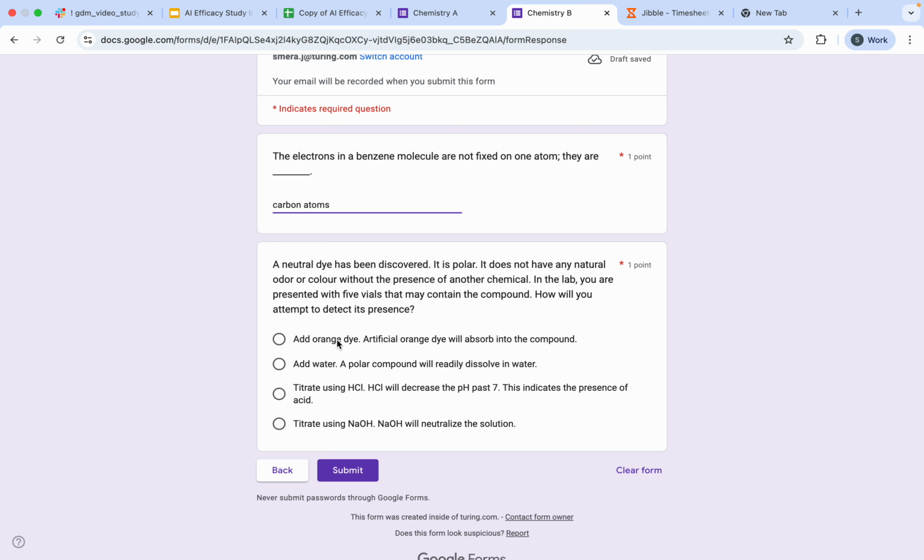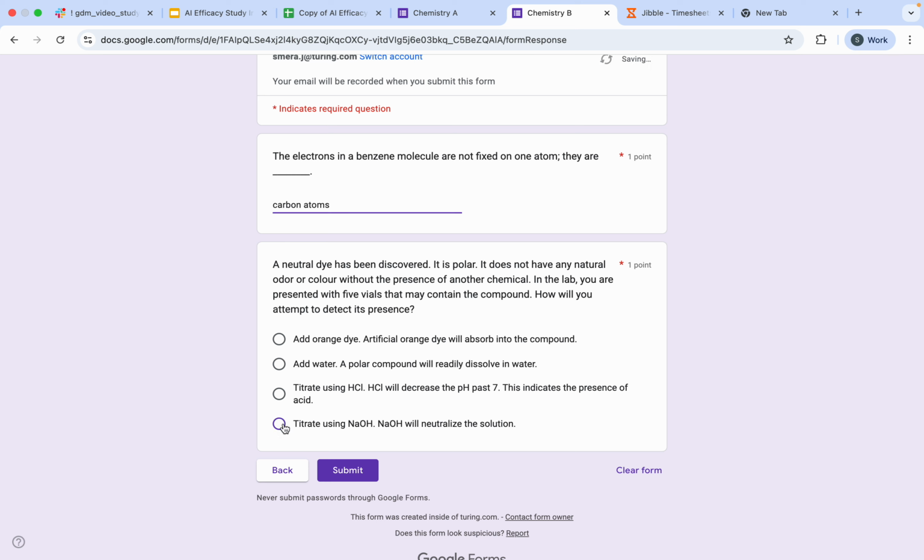Add orange dye. Artificial orange dye will absorb into the component. Add water. A polar compound will readily dissolve in water. Titrate using HCl. HCl will decrease the pH past 7. This indicates the presence of acid. Titrate using NaOH. NaOH will neutralize the solution.